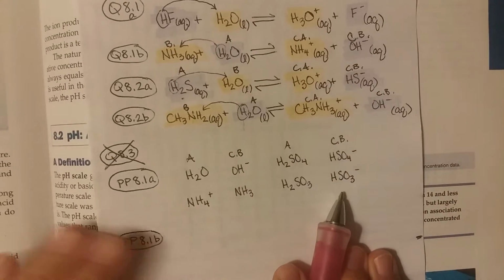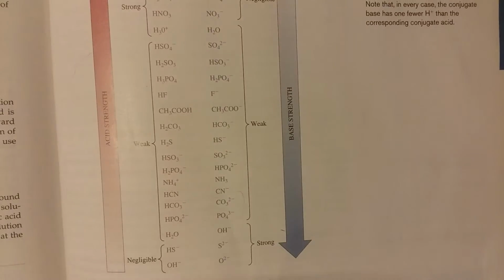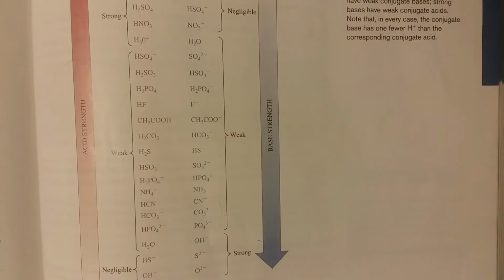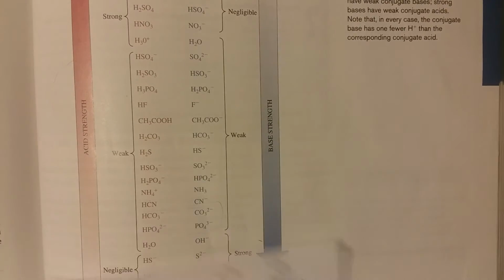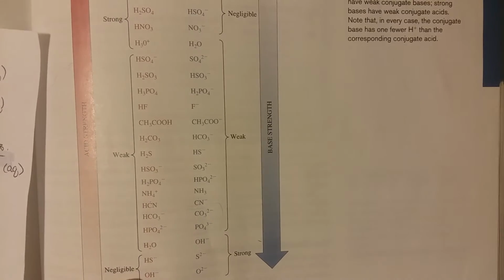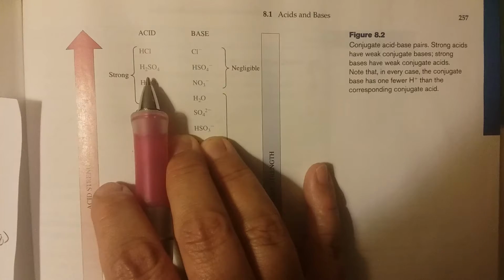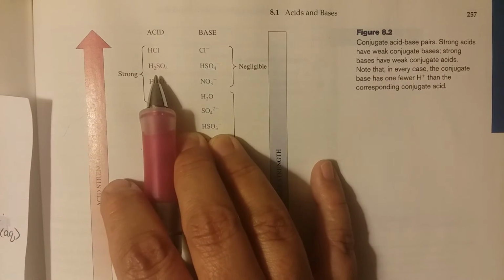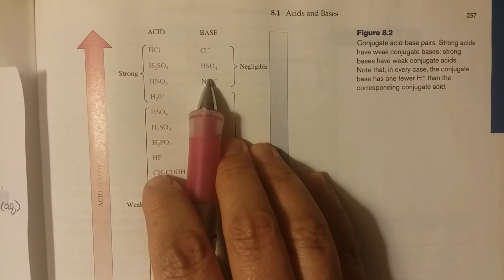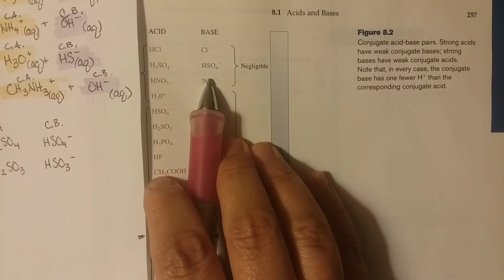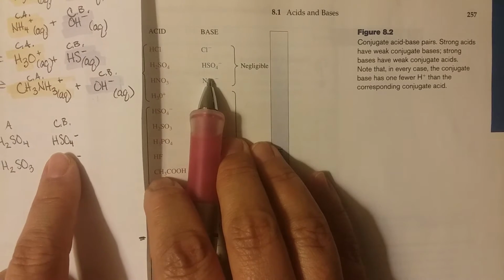As for which one is the stronger acid, let's take a look at the previous page at this figure. And let's look for the acid H2SO4. Okay, so that's going to be up here, and HSO4 is the conjugate base, just like we said, so good on us.